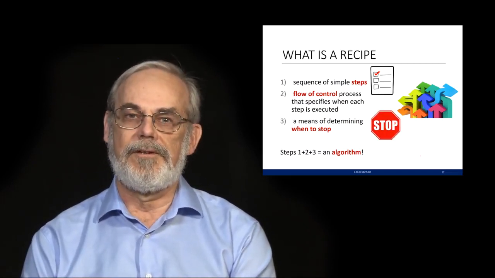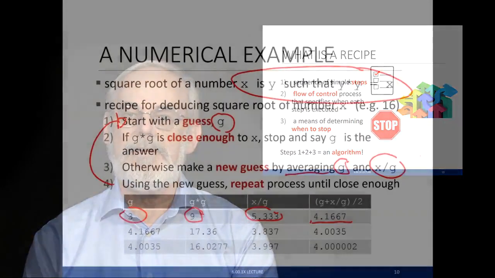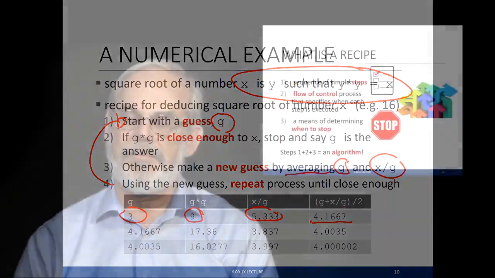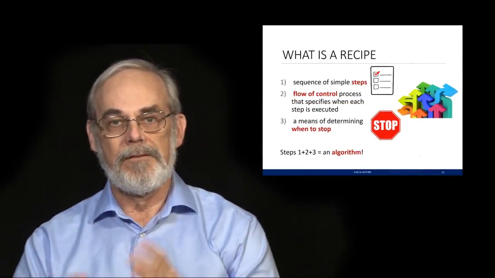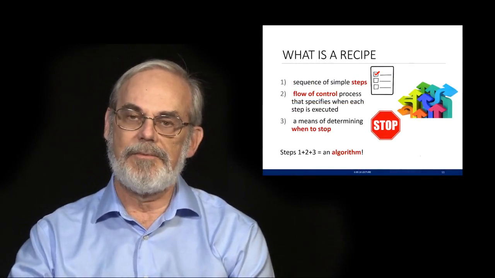Those three pieces constitute an algorithm, and you just saw it in the little square root example. In general, the flow of control went successively through the steps until I got to a test, and that test had me jump back to another place inside the algorithm. That's what an algorithm is. That's what a recipe is, and that's what we want to capture.